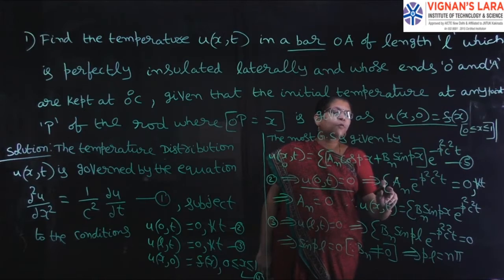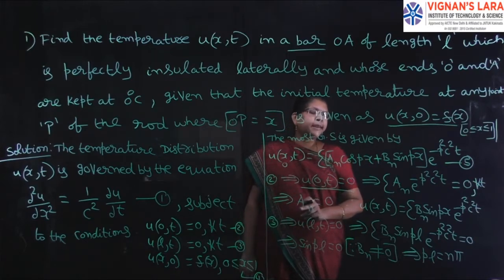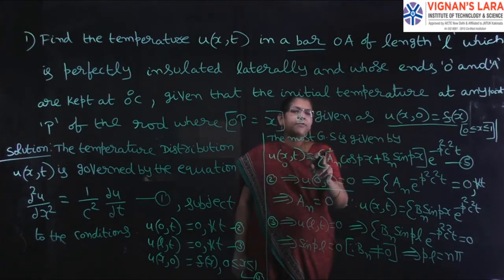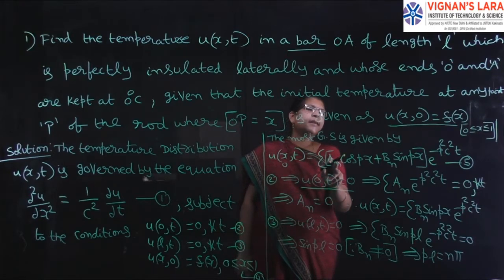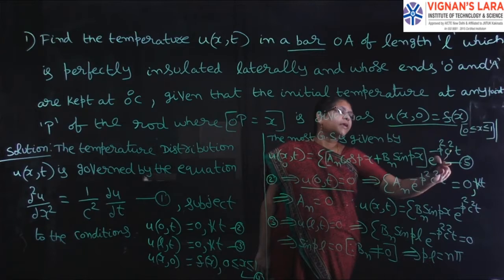So, what is the only possibility? an = 0. Now put an = 0 in equation number 5. So, what is u(x, t)? An is 0. bn sin px e^(-p² c² t).